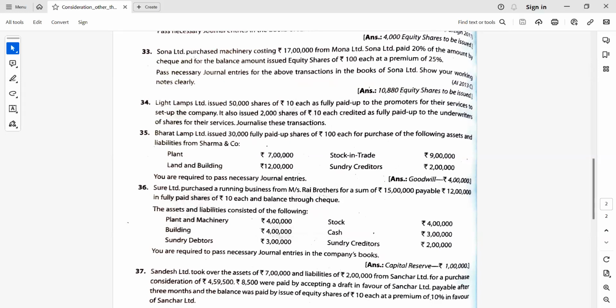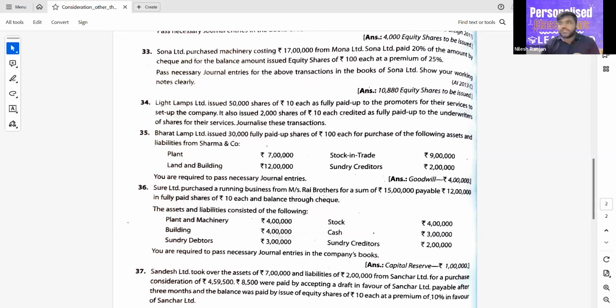And for the services they have given at the time of incorporation, they get some number of shares from the company, and that is called incorporation expenses.